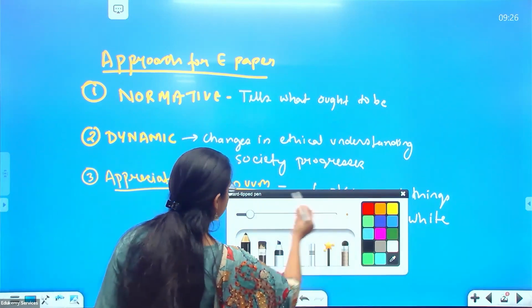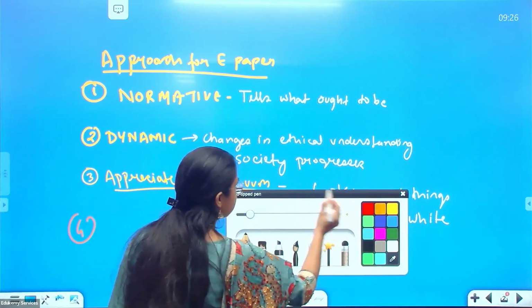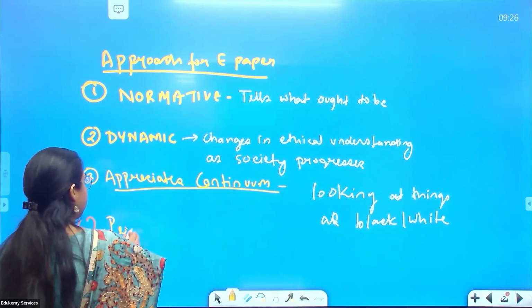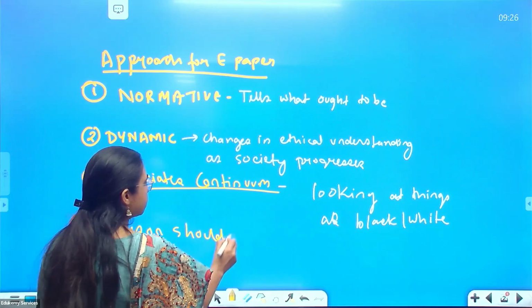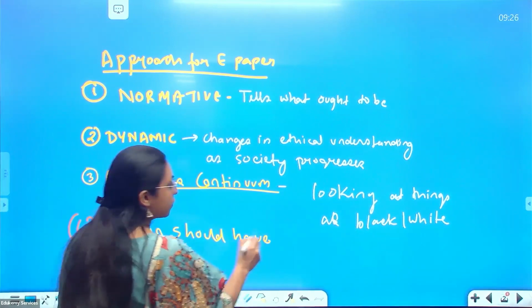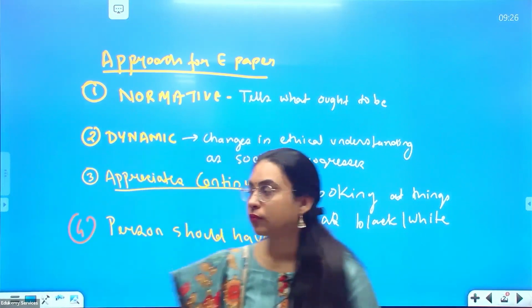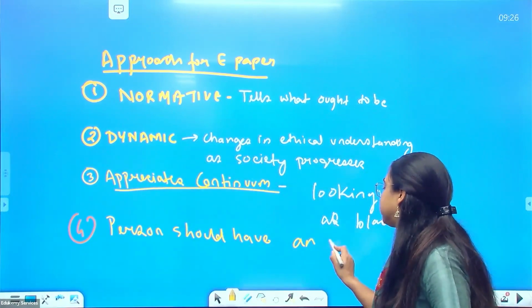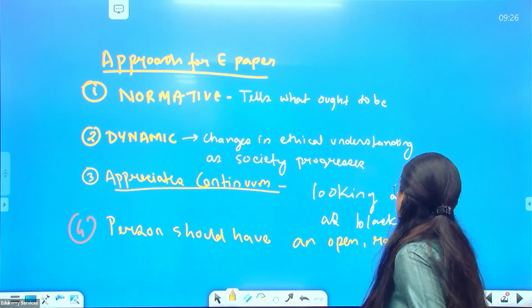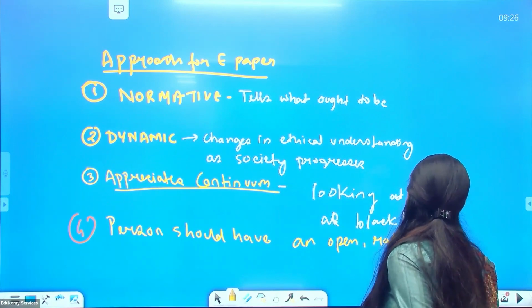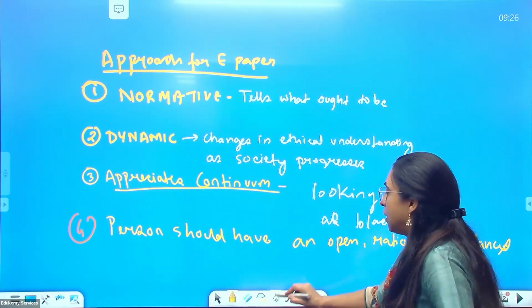पर्सन हियर, अप्रोच क्या है? A person should have, in ethics, a person should have an open, rational and balanced mind.